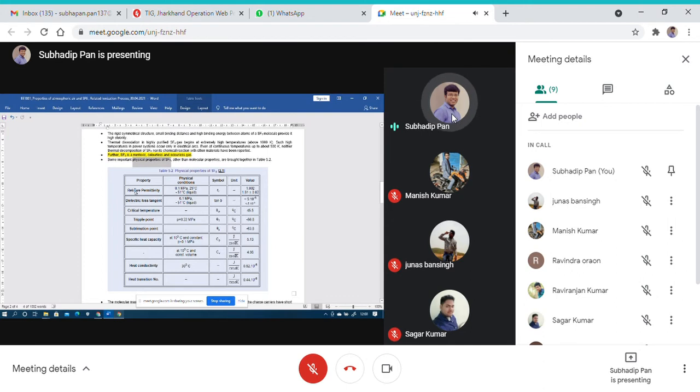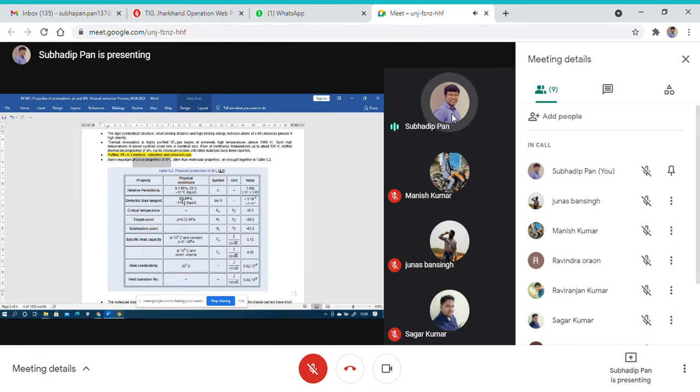The relative permittivity for SF6 gas is 1.8 to 2 at around 25 degrees to minus 51 degrees, when SF6 is used as a liquid. As I told you, SF6 has two different states: one is a gaseous state and the other is a liquid state.